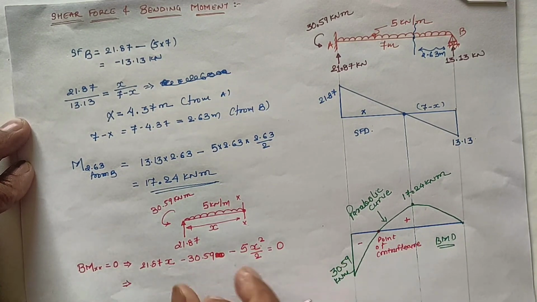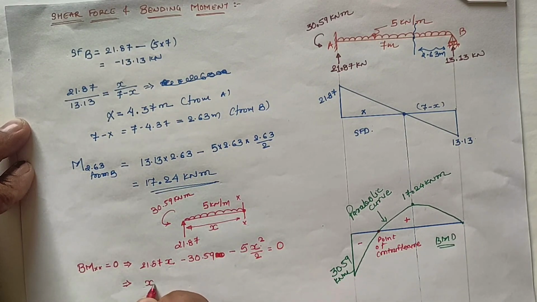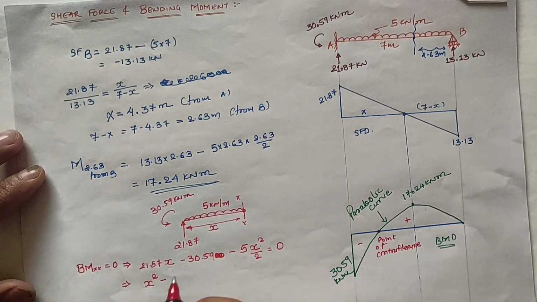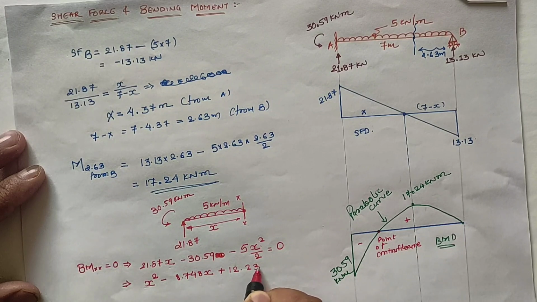Now solving this quadratic equation, we will have x square minus 8.748 into x plus 12.236 must be equal to 0.